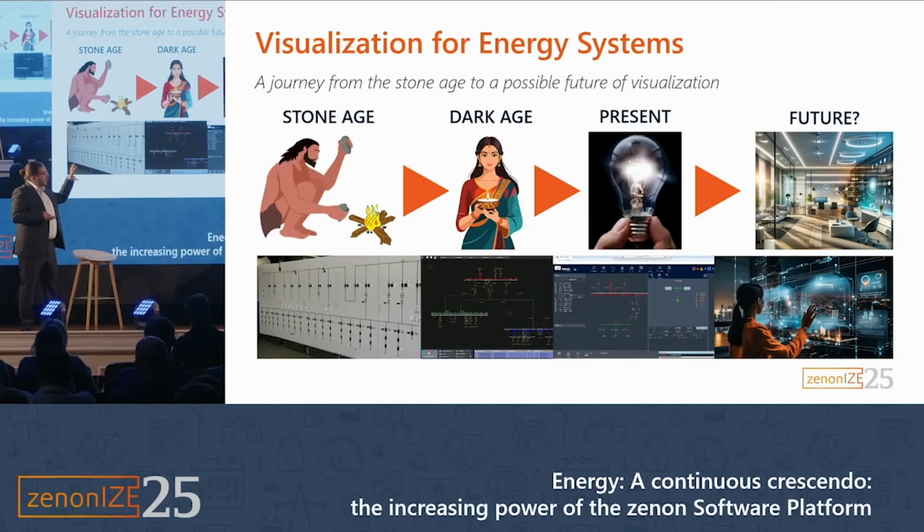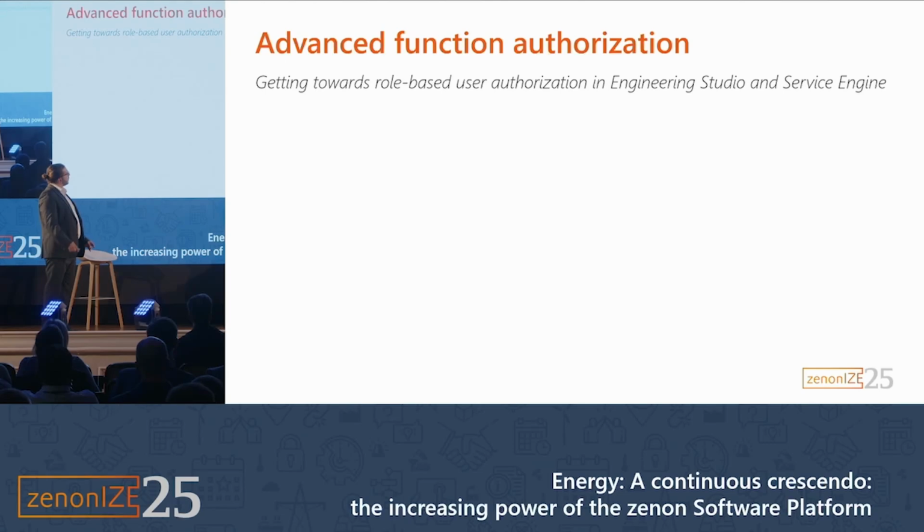So with this, we have the visualization in hand. But you can imagine visualization alone does not do any good if it's not restricted. Therefore, another topic I would like to bring in is our function authorization. You usually have to not grant your users all the rights possible, and therefore function authorization is made.